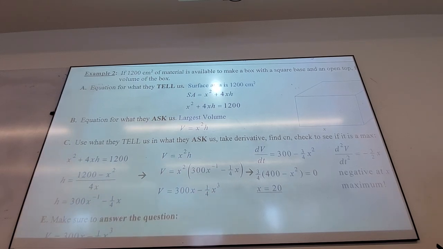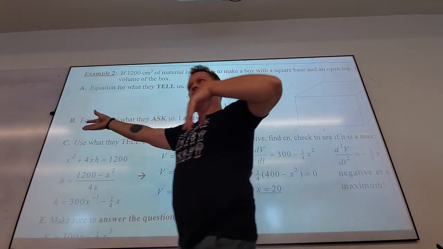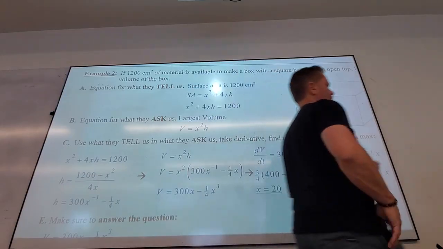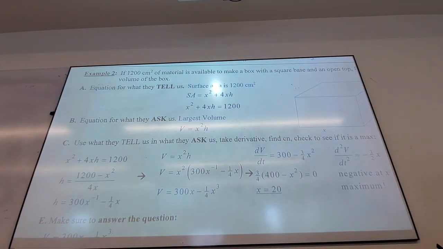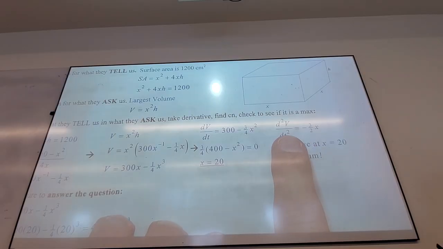And then you take the derivative, get the critical numbers, get the second derivative, and make sure that it does what you want it to. Are you guys with me? This problem wanted me to find the largest volume. So sure enough, my second derivative is negative at 20. When you plug in 20, that's negative, correct?